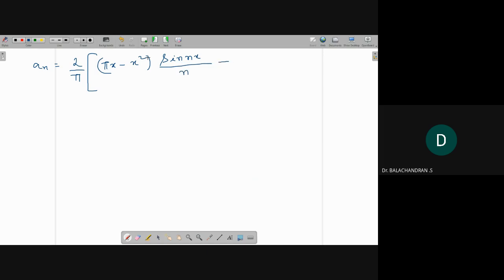Minus, if you differentiate this, you'll get pi minus 2x. If you integrate this, you'll have minus cos nx by n square.